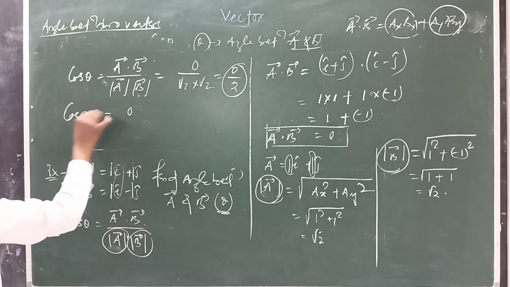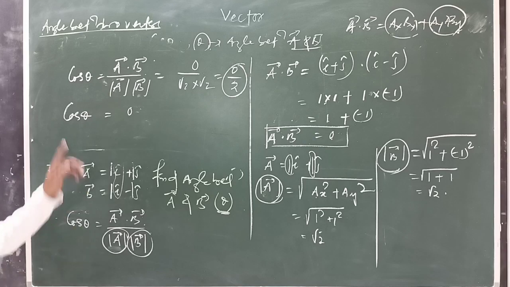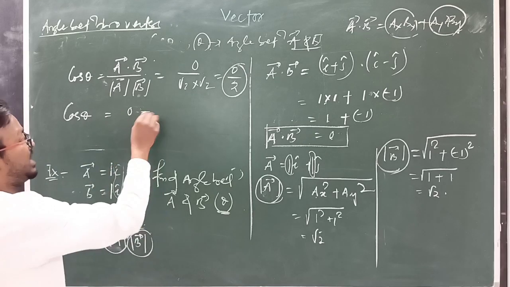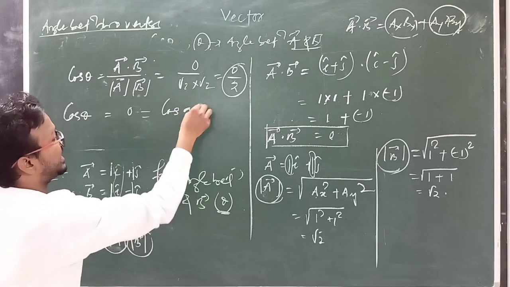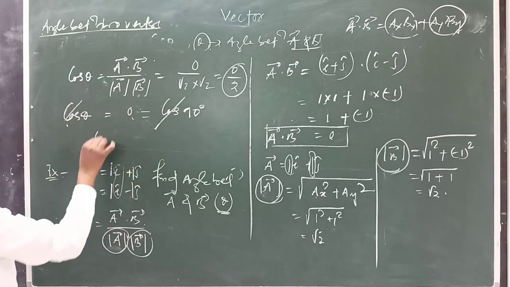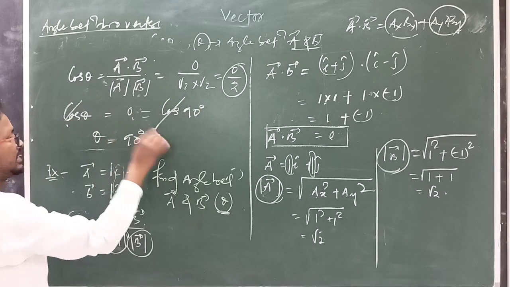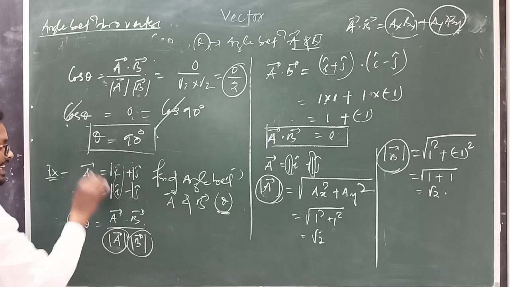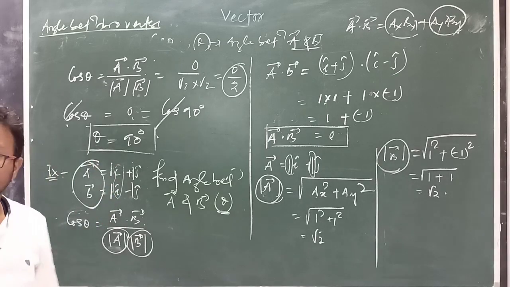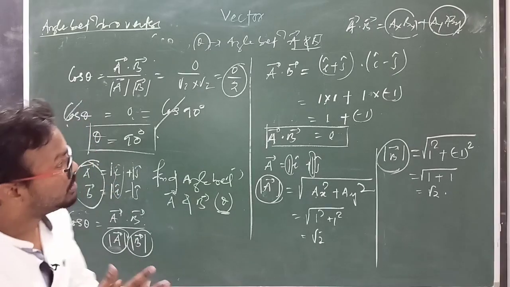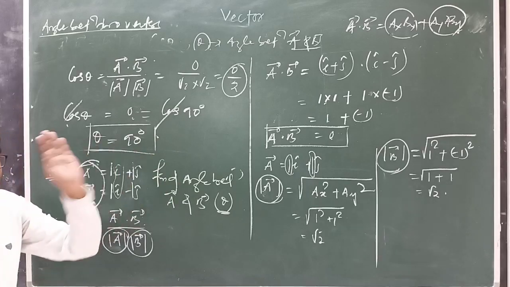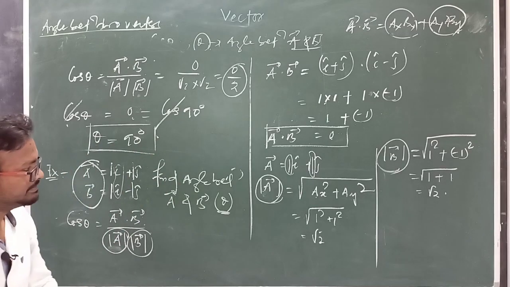We get cos theta equal to 0. So the value of cos is 0, that is cos 90. So cos 90 equals 0 and cos cancels, so theta is 90 degrees. So the angle between a and b is 90 degrees. In this way you can calculate the angle between two vectors. Clear?